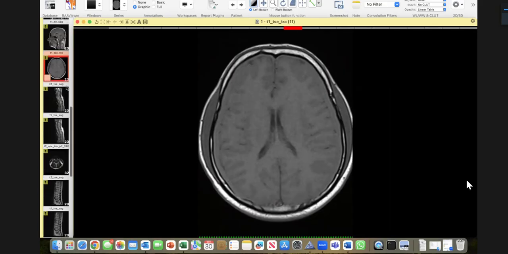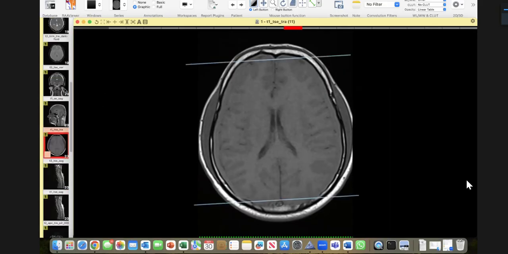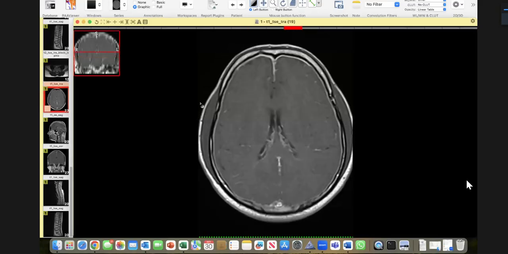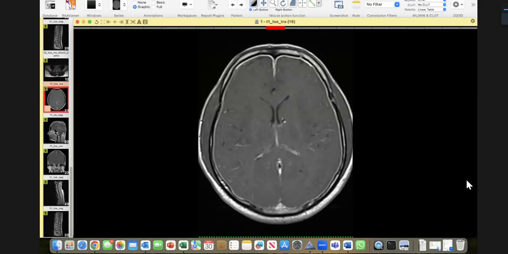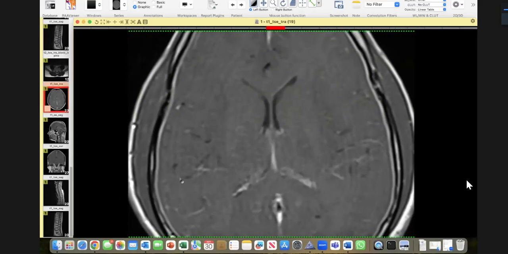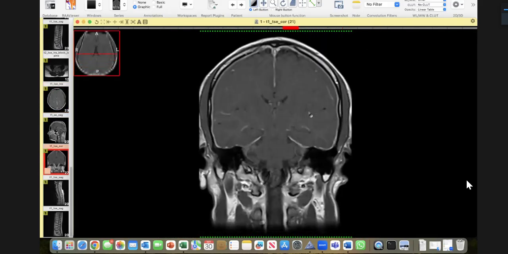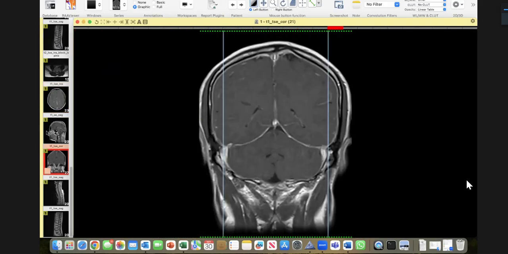The key thing was that on the FLAIR, you should have asked for contrast. End of story. And on contrast, you can see that there is enhancement. Actually, if you see here, there is a thin rim of fluid also, which is not enhancing, in addition to this. And so this is enhancement.